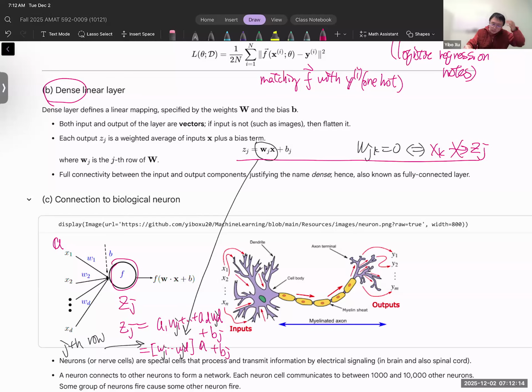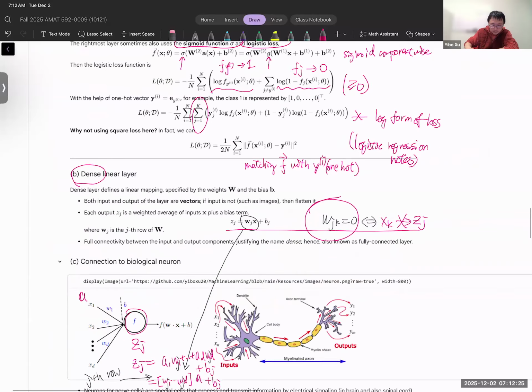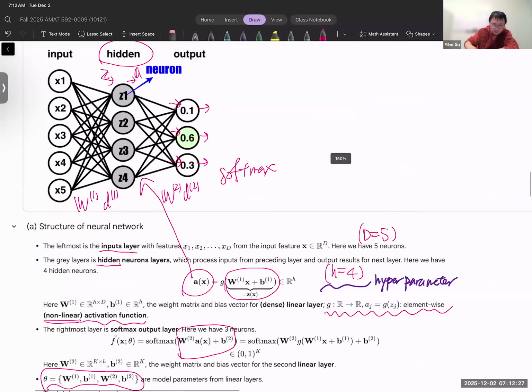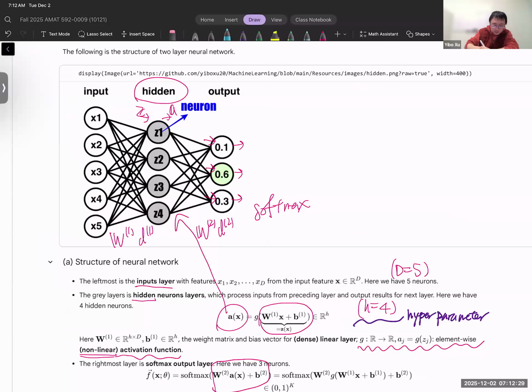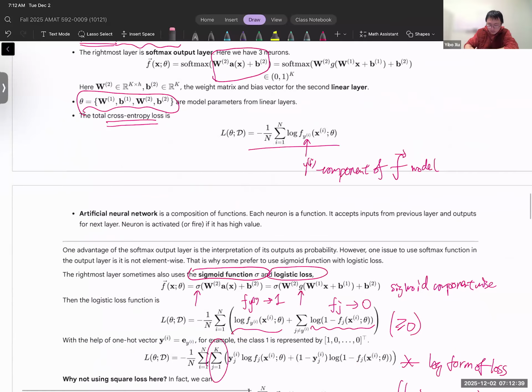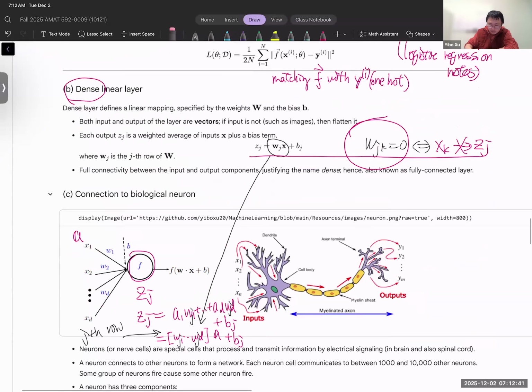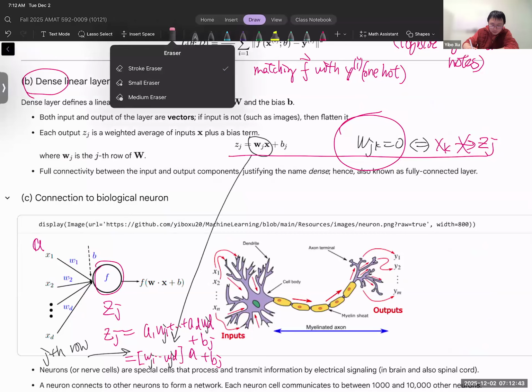If your matrix W here is dense, then the entire network is dense. If certain weights are zero, then certain edges are zero, so an edge pointing from here to here is not actually working. That's the term density within the network.